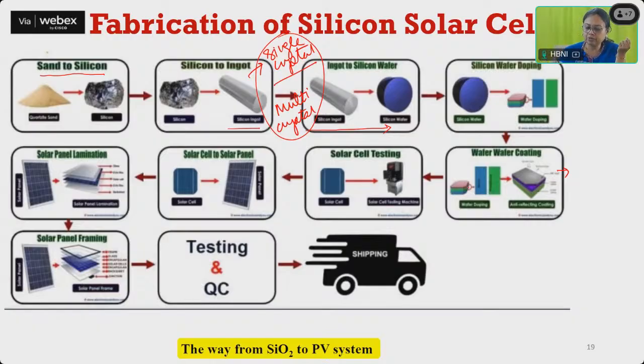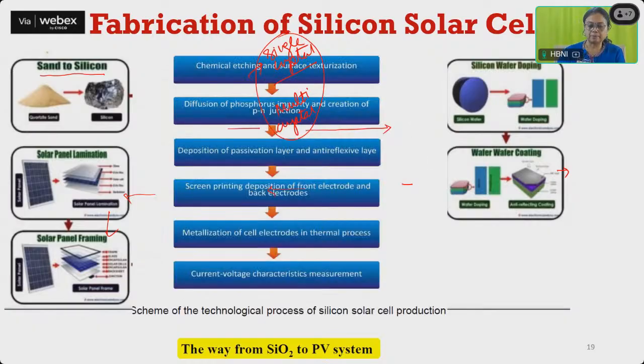After that, each cell is tested. Then it is made into a panel. Then the panel is laminated. Then framing, final testing and shipping. So this is the full flow chart from silicon oxide to a photovoltaic system, how the industry works.